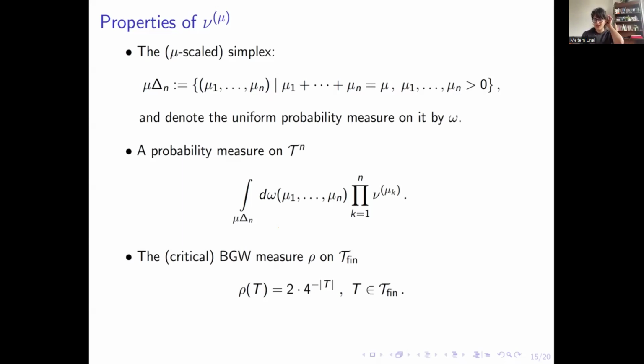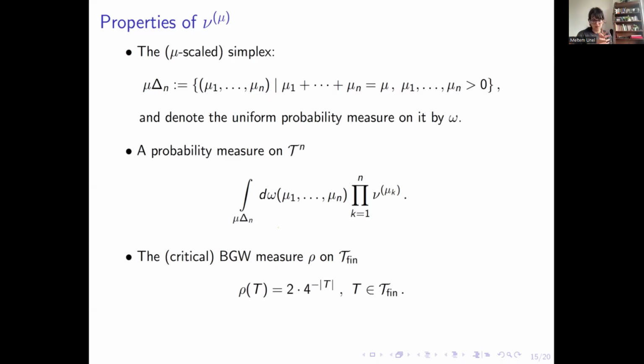If I take an offspring distribution and I take the critical case with the geometric distribution, this induces what we call the Bienaymé-Galton-Watson measure on the set of finite trees, and a tree T has mass under this measure as 2 times 4 to the minus the volume of the tree, which means the number of edges.